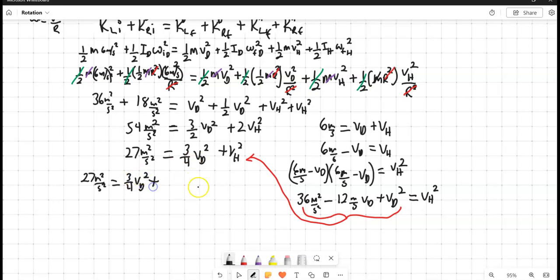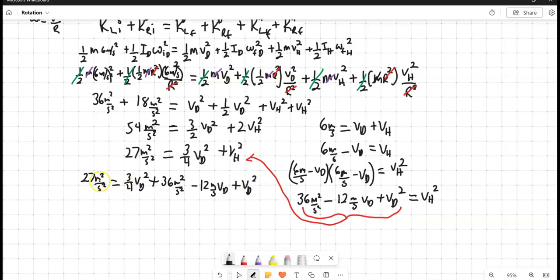But now I'm going to add on this: 36 meters squared per second squared minus 12 meters per second VD plus VD squared.